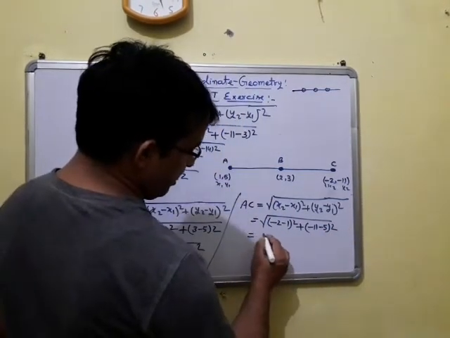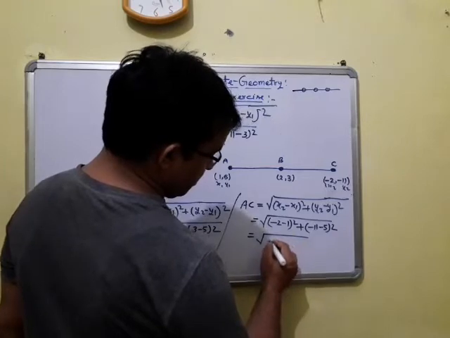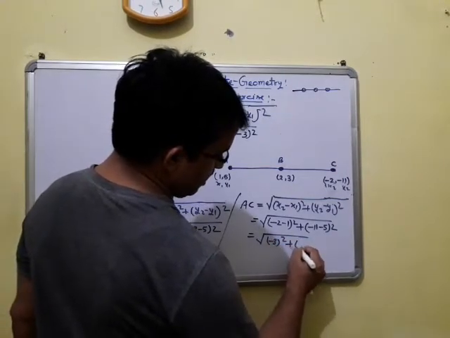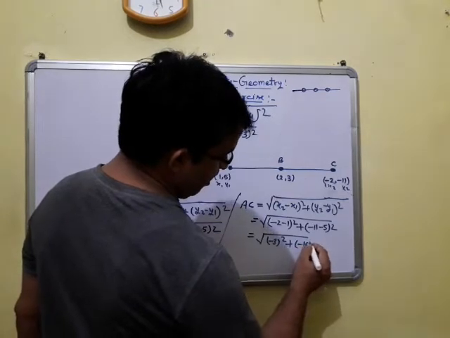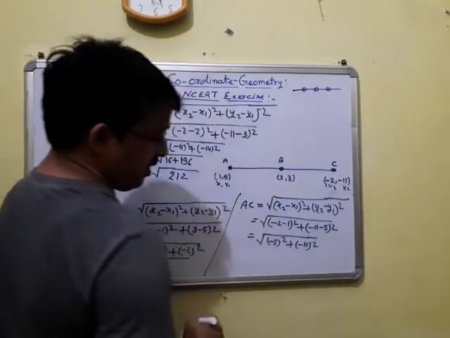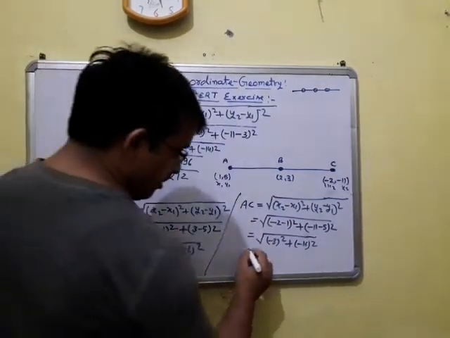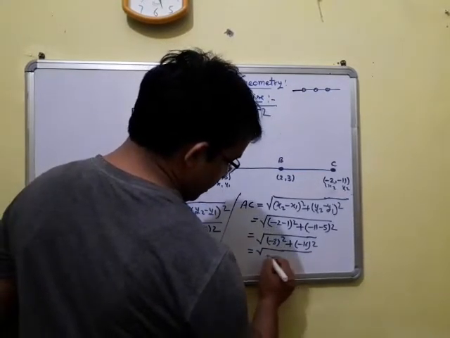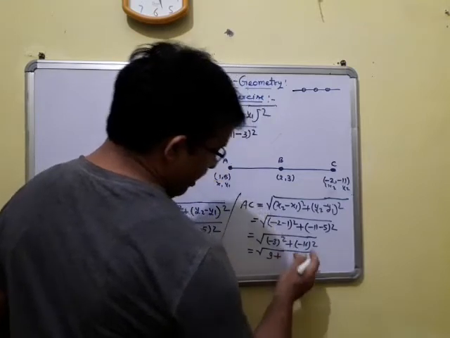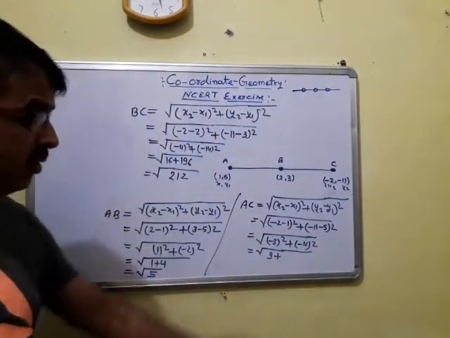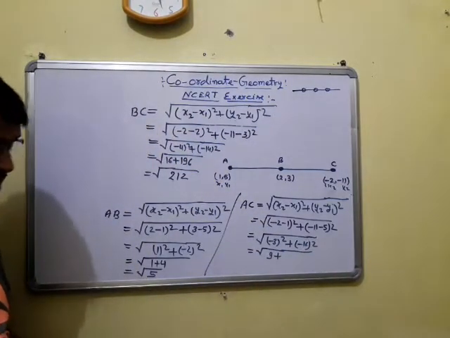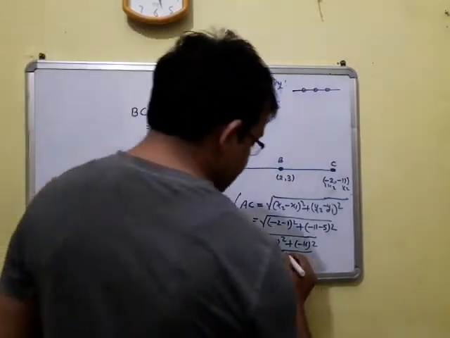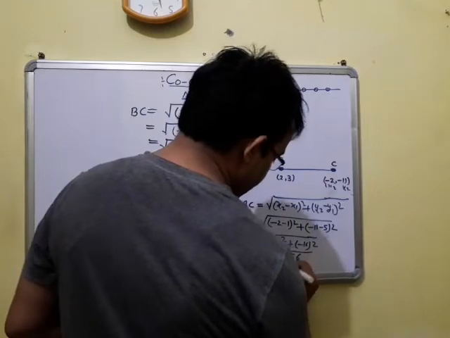So we get minus 3 whole square plus minus 16 whole square. Minus 3 whole square is 9, and minus 16 whole square, what is the square of 16? 256.